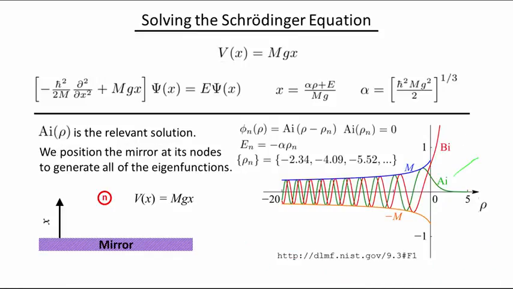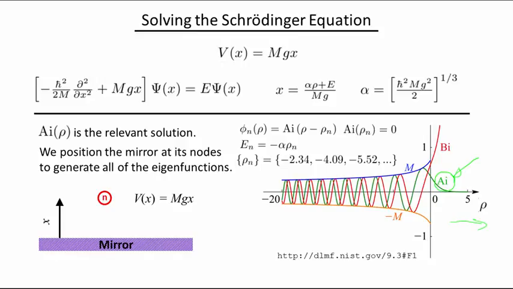So that means that the function that we want is Ai because, well, it attains its maximum a little bit before rho equals 0, but it's the one that dies off as rho gets large, as rho increases beyond into the positive region, which is the classically forbidden region. So of the two solutions, we must use Ai.